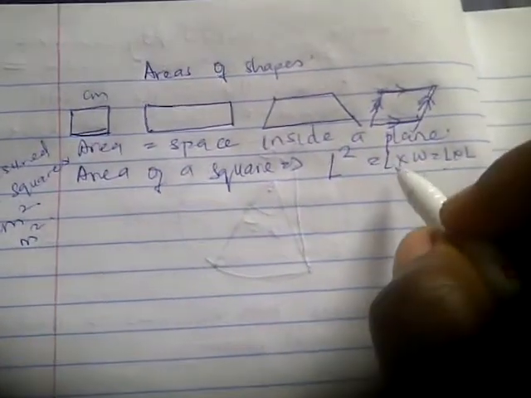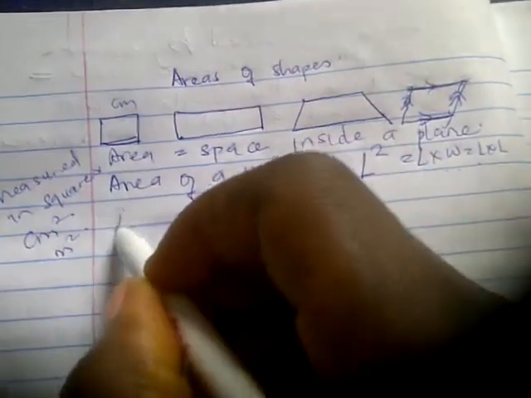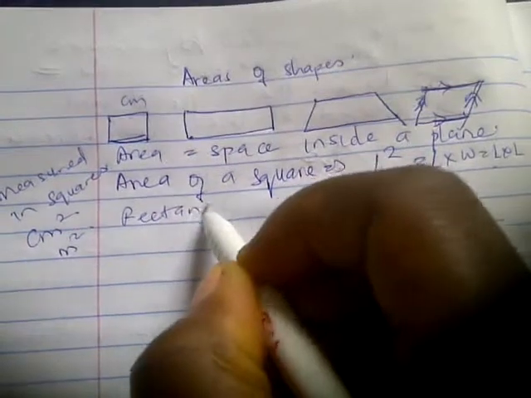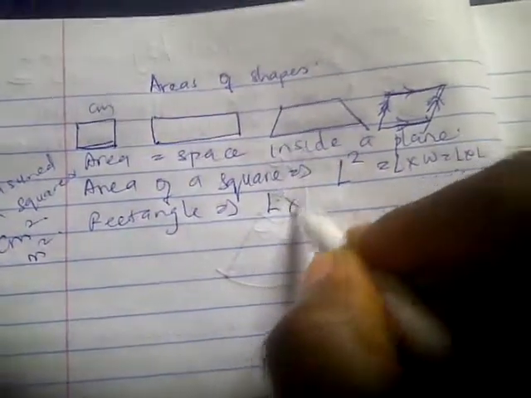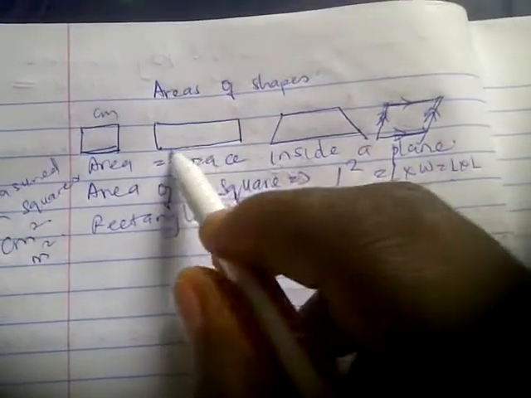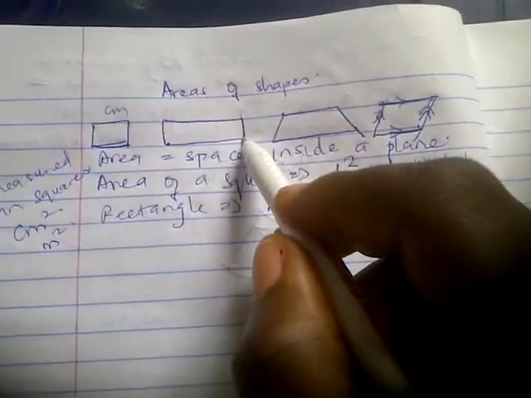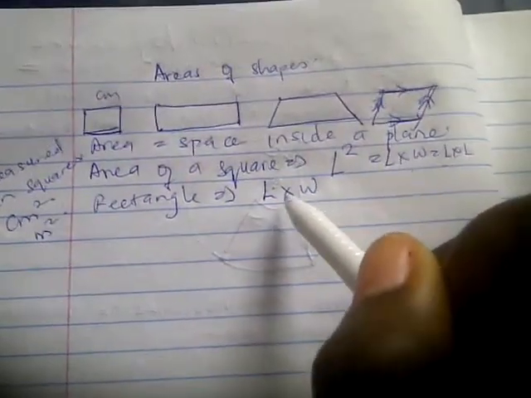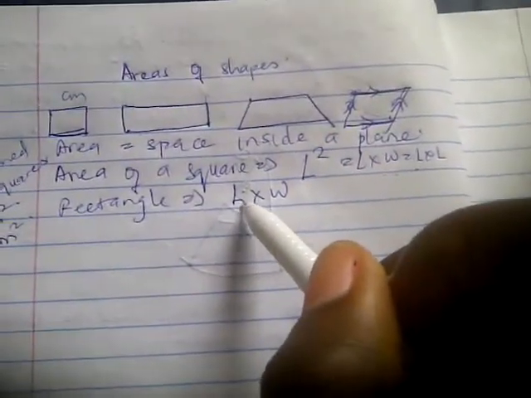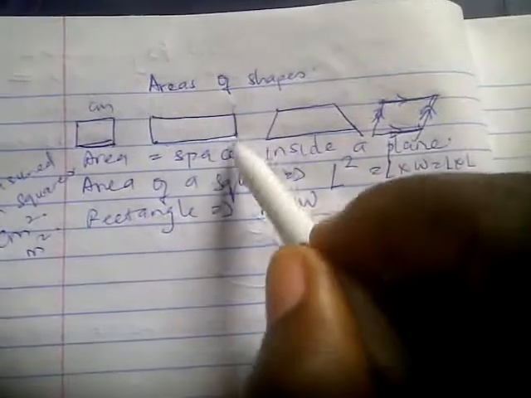So we just square one side. Okay, now for a rectangle, the area is length times width, really. Since this side and this side are not the same size, we can't say it is one side squared. No, we have to multiply them out.